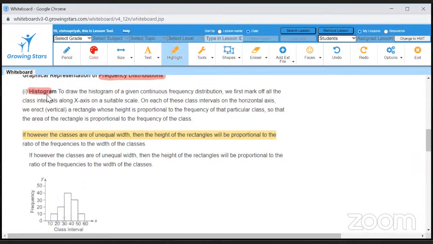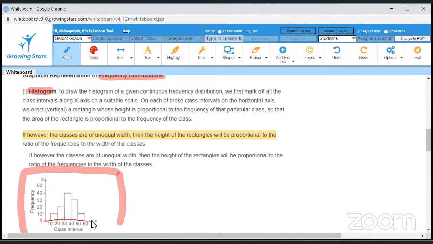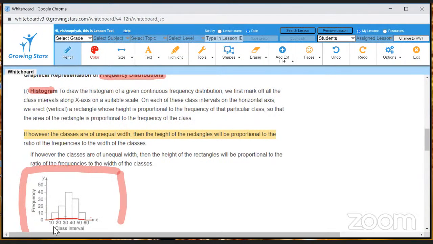The diagram or graph looks like this for histogram. To draw the histogram, we need continuous frequency distribution. First of all, you will mark the class interval on x-axis. The lower limit and upper limit of the class interval, you will mark on x-axis.